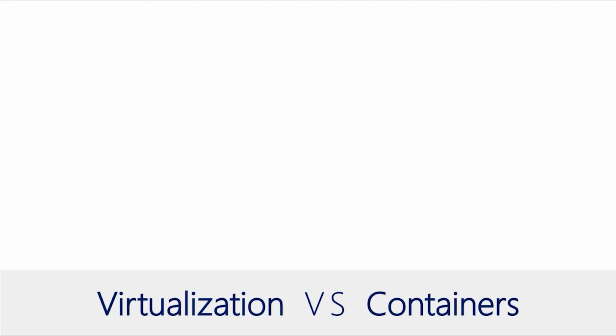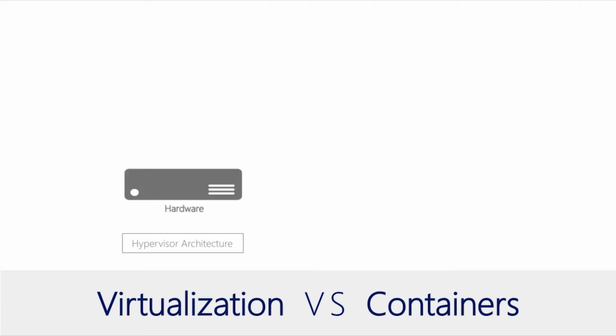Let's look at virtualization. On the left side of the image, you see your hypervisor architecture. You get your physical machine, you install a hypervisor layer, whether it's VMware, Hyper-V, or whatever hypervisor platform you choose, and then you create a VM. The job of the hypervisor is to abstract the physical machine.